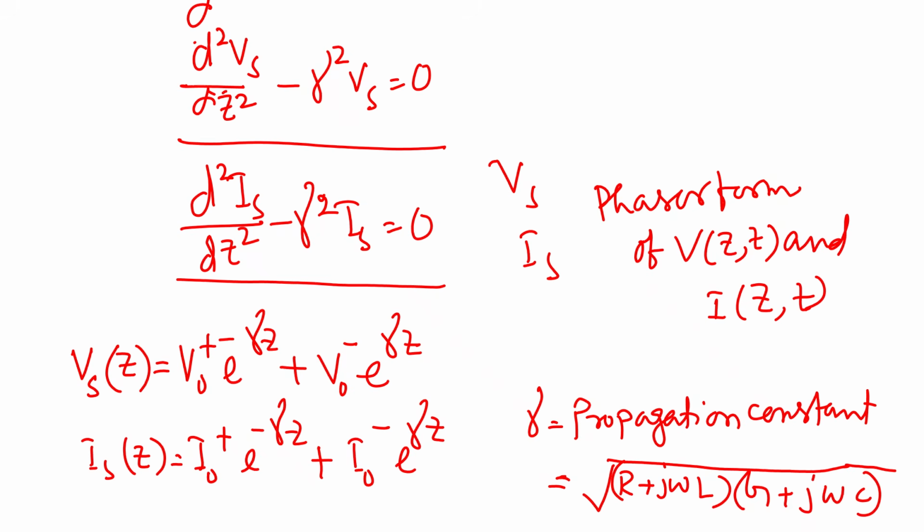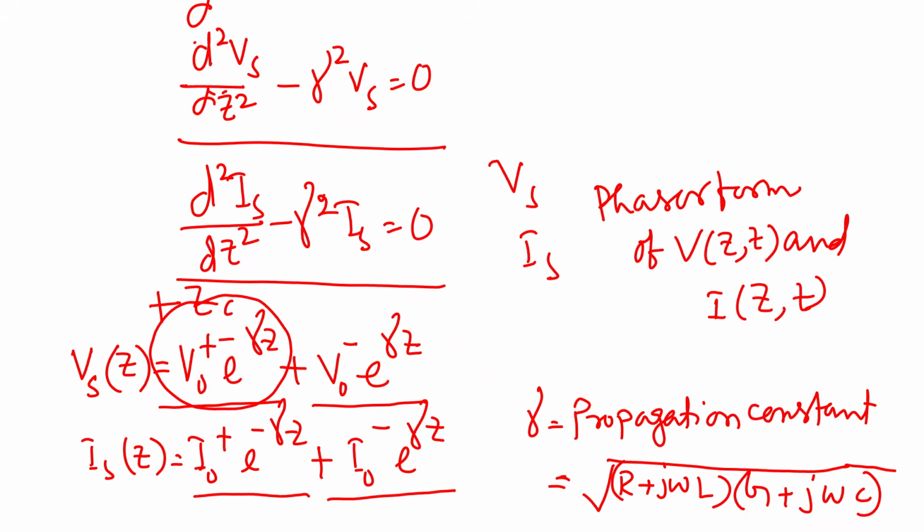Okay, now if we see the expressions of voltage and current, both have two terms. The first term in the expression of voltage represents a forward traveling wave, which is propagating along the plus z direction, and the second term represents a wave traveling along the minus z direction, which is also known as the reflected wave or backward wave.